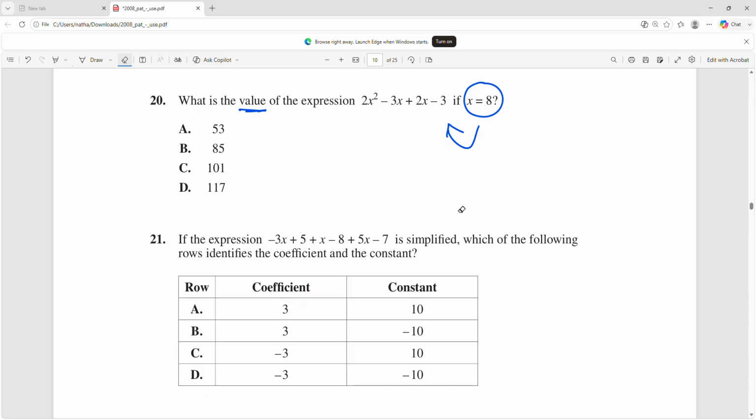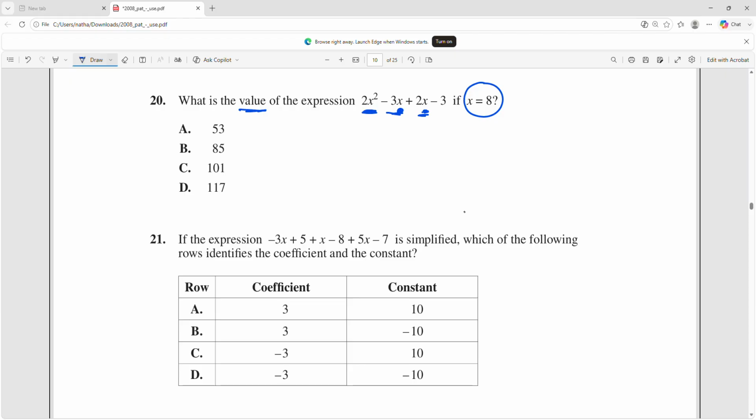We can do one thing to save a little bit of work before we start substituting in. We could combine these two terms. Remember, like terms are terms that have the same variable to the same exponent. We can't add 2x squared to negative 3x because that's a different term, that's a different term. Something that's a constant is also considered a term.